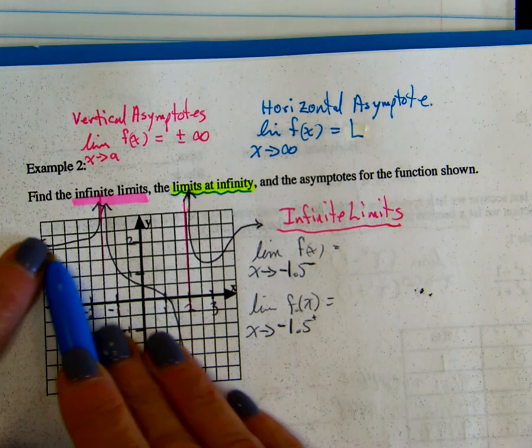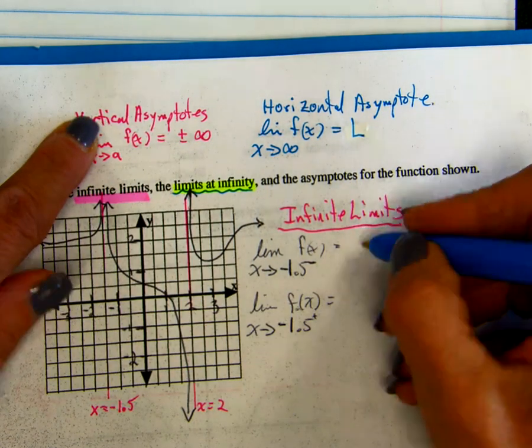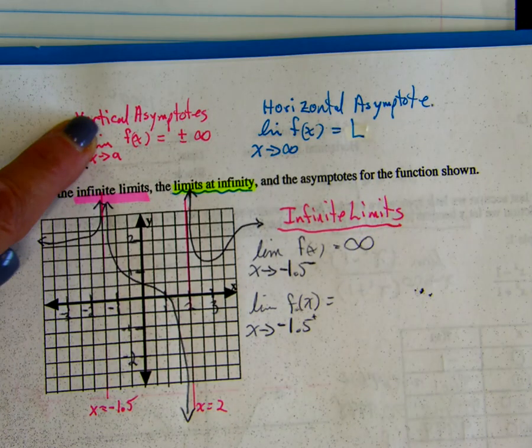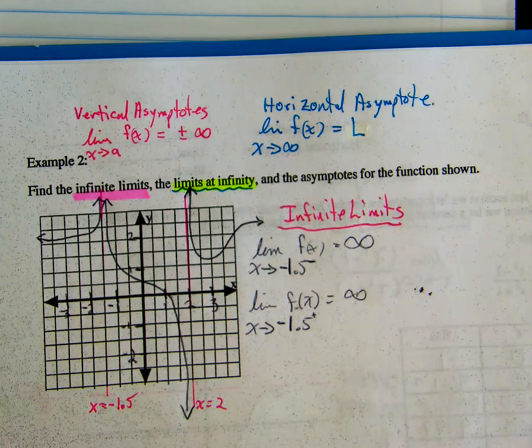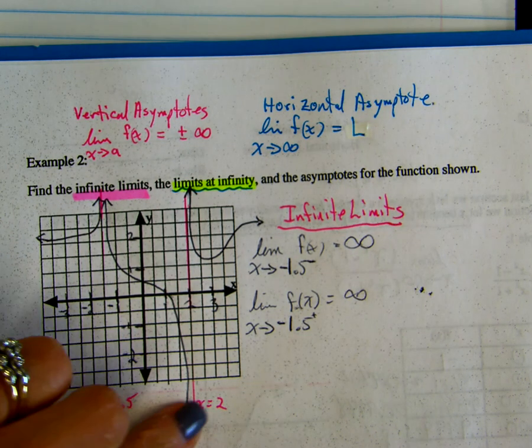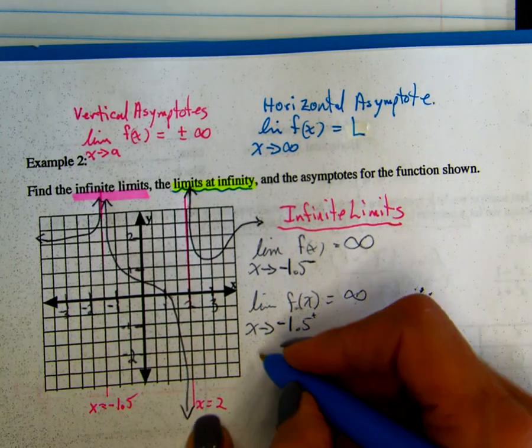As I approach from the left, my values are going to positive infinity. As I approach from the right, my values are positive.